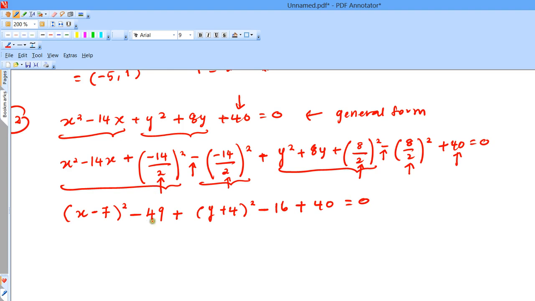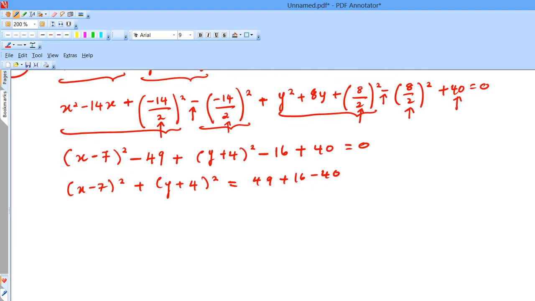We can bring the constant to the right-hand side, so we get (x minus 7) squared plus (y plus 4) squared equal to 49 plus 16 minus 40. Simplifying, (x minus 7) squared plus (y plus 4) squared equals 25.